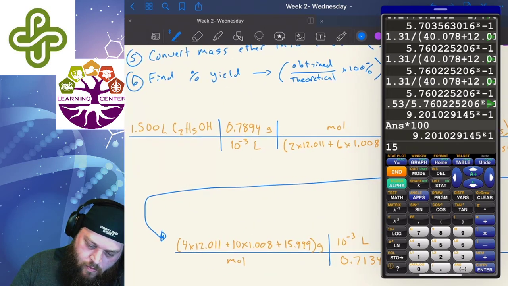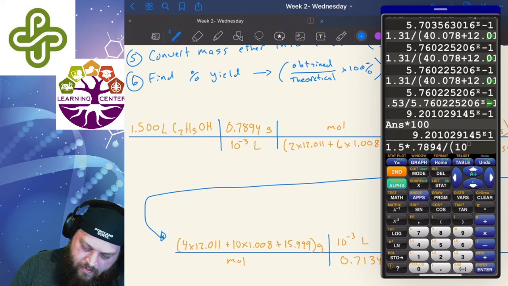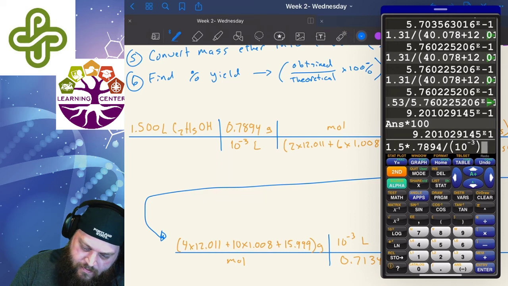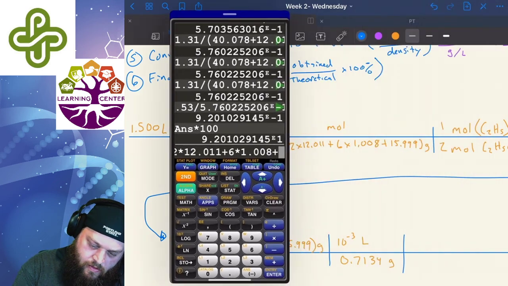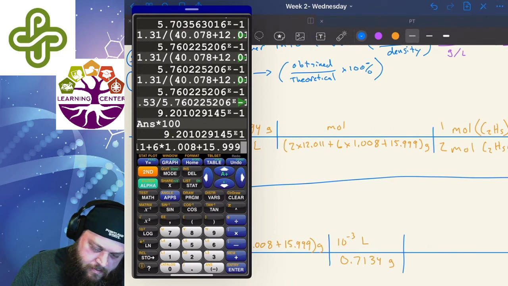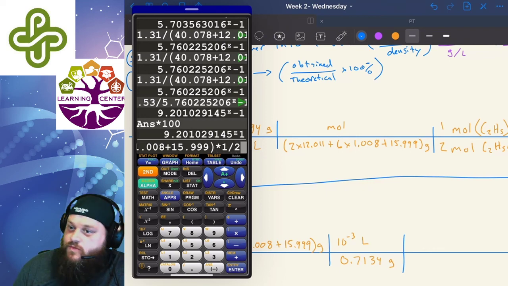That's 1.5 times 0.7894. I'm going to divide by, I like to put my 10 to the power of negative 3 in parentheses. And then I'm going to divide again by 2 times 12.011 plus 6 times 1.008 plus 15.999. Close my parentheses. So I can multiply by 1, which doesn't really do anything, but dividing by 2 now becomes really important, right?